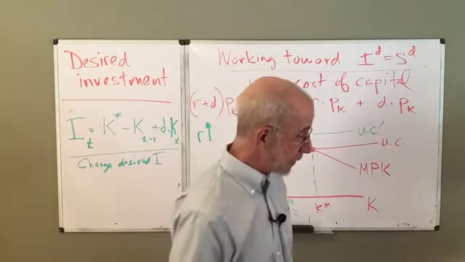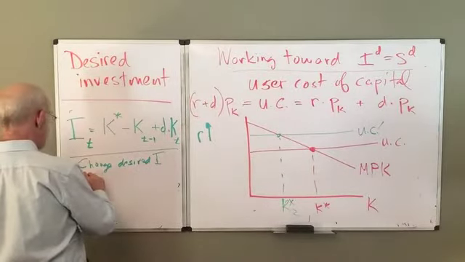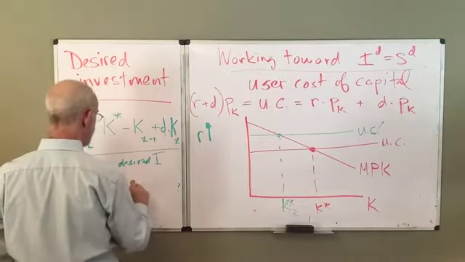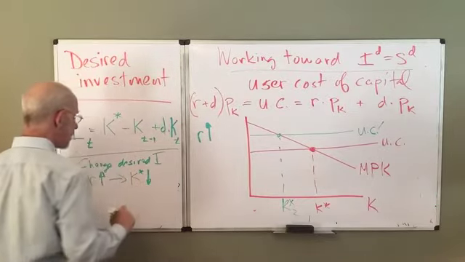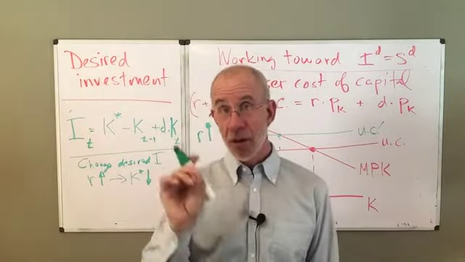And one thing that should be clear from this graph over here: if the real interest rate goes up, then the desired capital stock is going to go down.